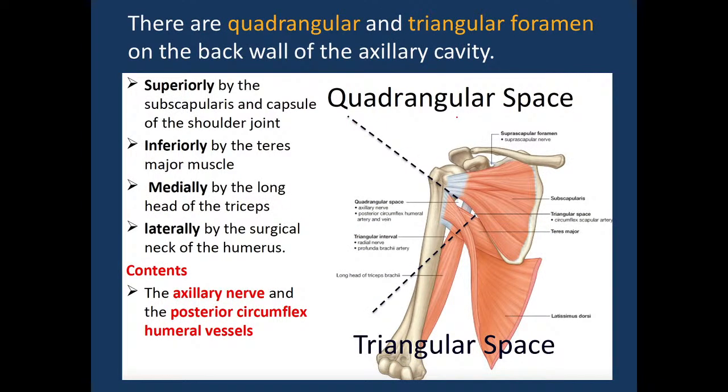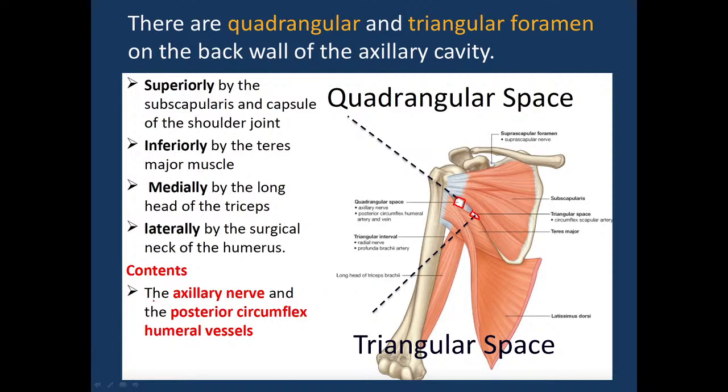And the posterior wall of the axillary cavity has two topographic foramina. The first is called the quadrangular space, but the second has the name triangular space. They really have the same shape. Here is quadrangular and here is triangular.